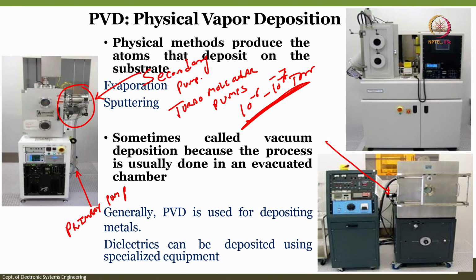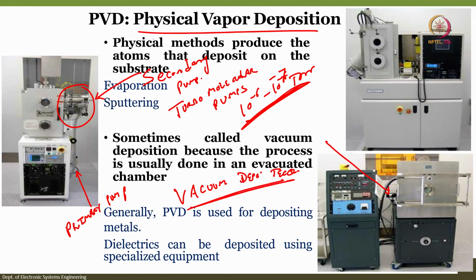So, if in some books you see vacuum deposition techniques, do not worry about it, right. Physical evaporation techniques are also called vacuum deposition techniques, okay, because the deposition occurs in the presence of vacuum. Okay. So, now what you have seen, primary pump, secondary pump, these pumps are used to create vacuum.